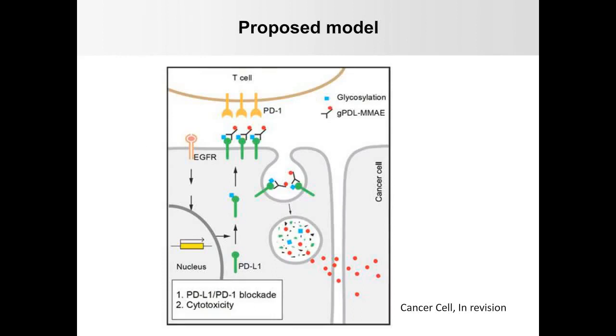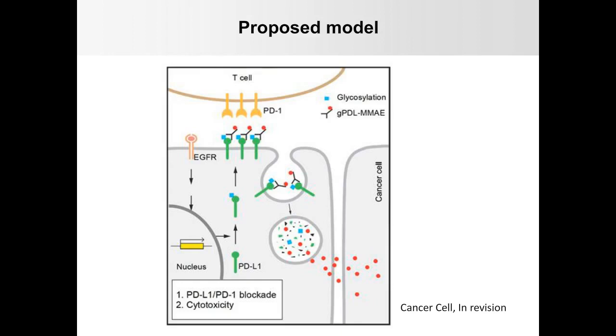So lastly, I would like to use this model to summarize this part of our study, which is that EGFR is the major signaling that can induce glycosyltransferase induction. And this glycosyltransferase will further glycosylate PD-L1, and then this PD-L1 goes to the cell membrane.